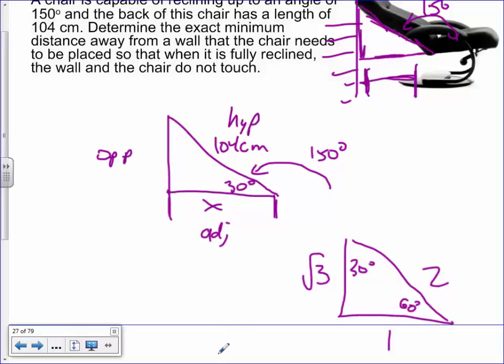So we need to use the trigonometric identity, which is the terminology we use, but I don't care what you call it for now. We need the one that involves adjacent and hypotenuse. That's cosine: cosine of your angle is your adjacent over your hypotenuse.